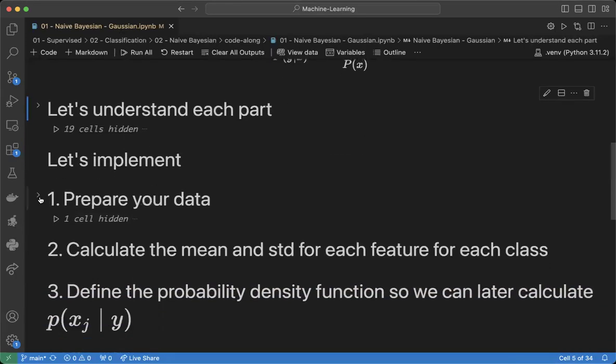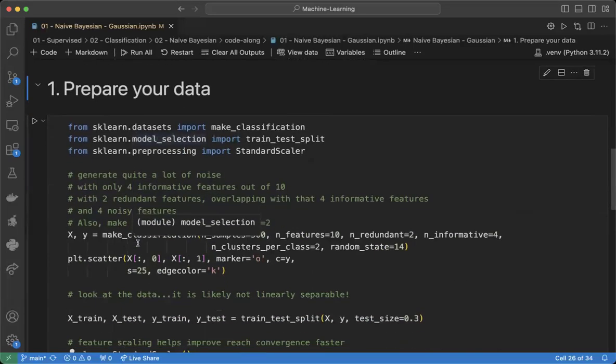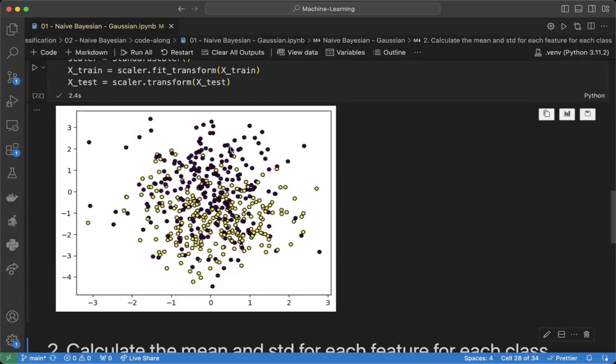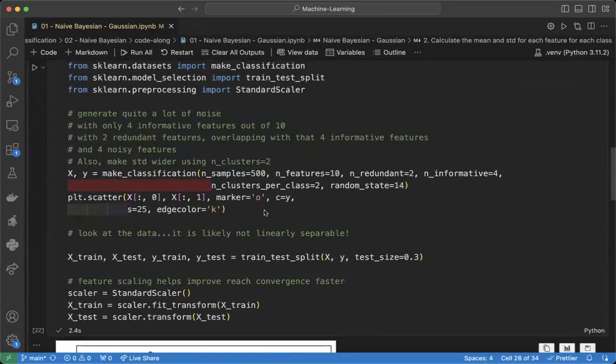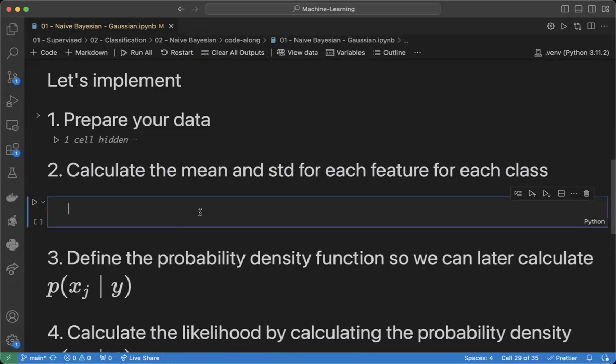Now let us try, why not we put them into real data. Here I'm creating some data, and I have some X train and X test again, and I want to see whether this is going to work for naive Bayes. So let us calculate the mean and the standard deviation.